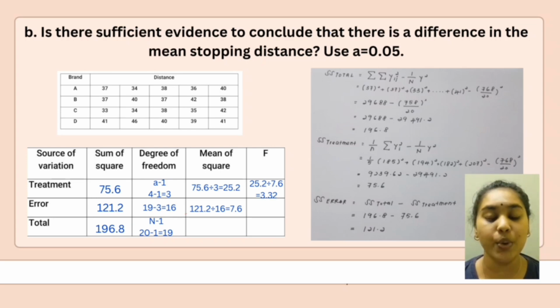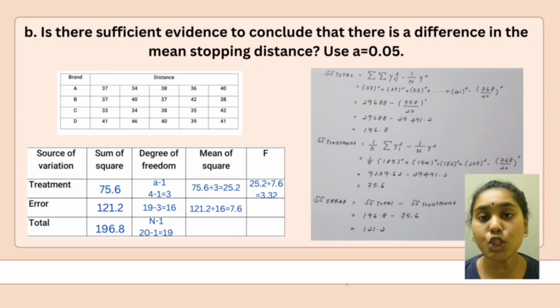The same goes for SS treatment, but here we add 1 over n. What is n? We have 5 distances, so n represents 5. This time we do not use the individual numbers on the table, but the total of each brand.